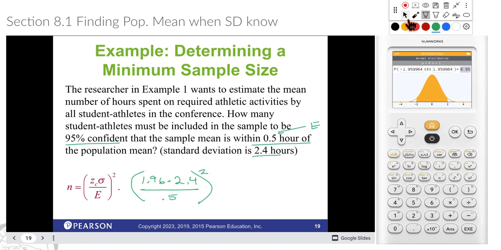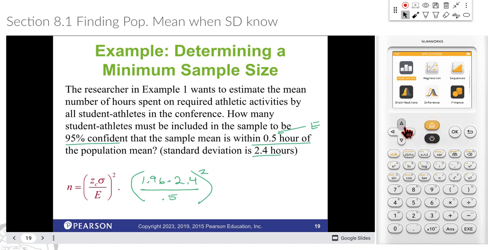Okay, so to do all of that, we go back to our main calculator, and we can just enter this with the parentheses, 1.96 times 2.4 divided by 0.5 in parentheses, actually in parentheses there. We're going to square that, and we get our number of 88.5.